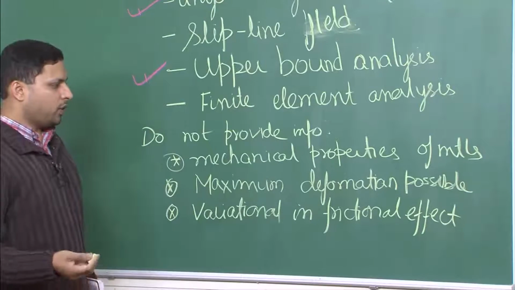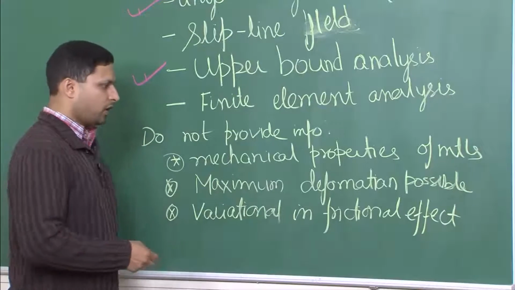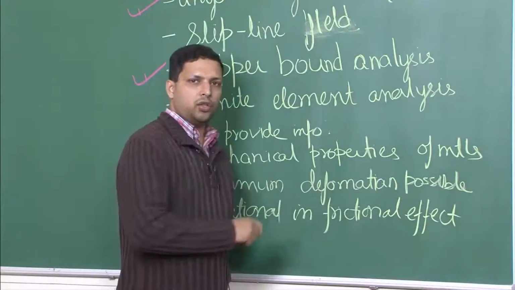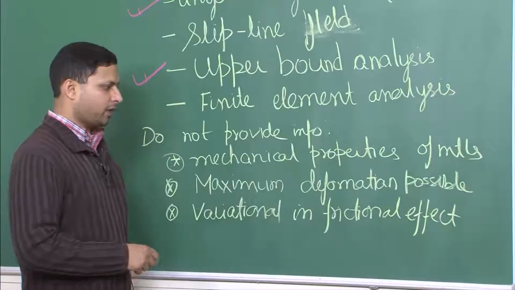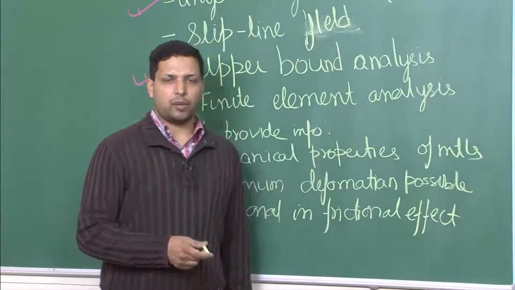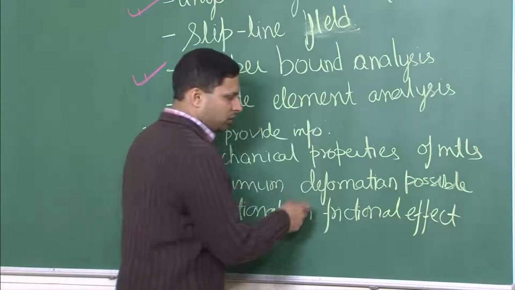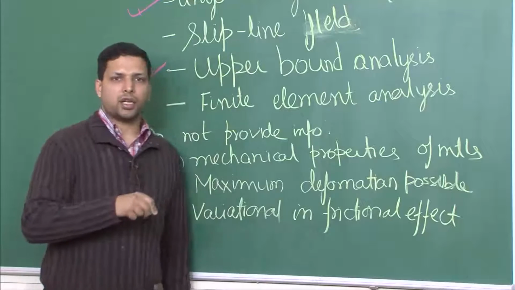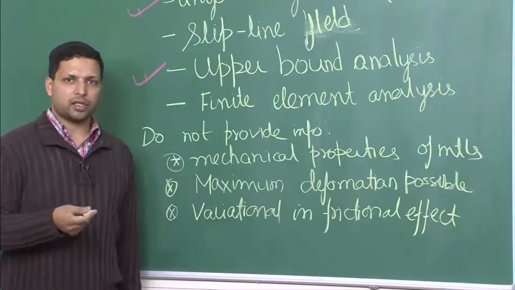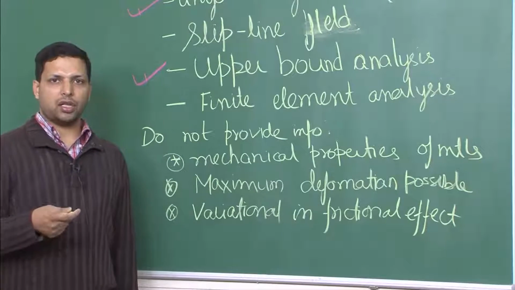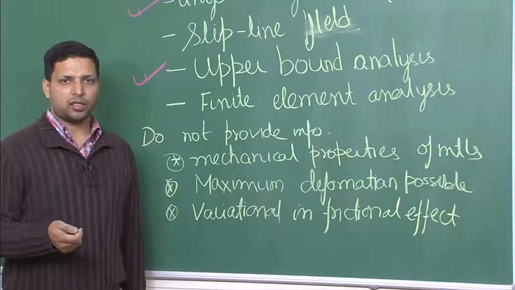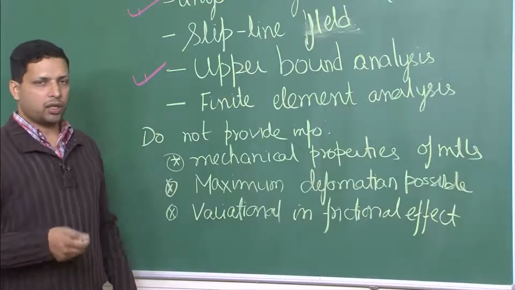So, you will have to assume some kind of a frictional field, and accordingly you can calculate the total effect or the total load requirements, or the overall change in the mechanics. But this method will not tell you what kind of friction and frictional effect does exist, what the different kinds of frictional variation are that exist in that particular material or that particular process.